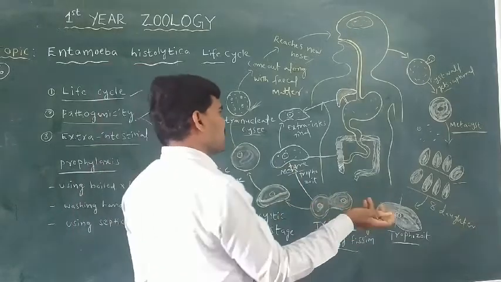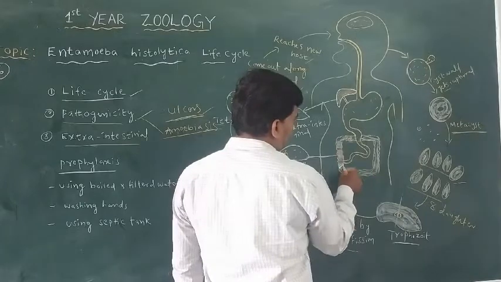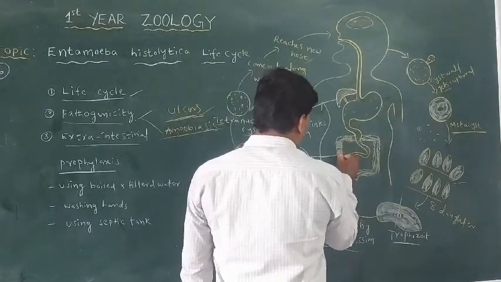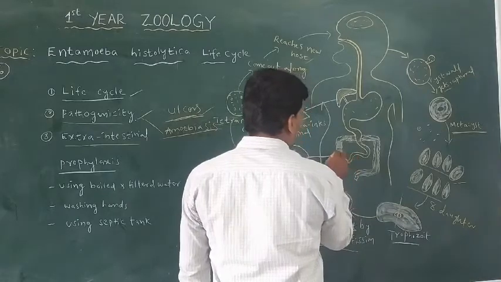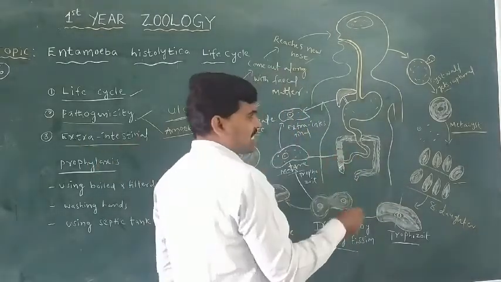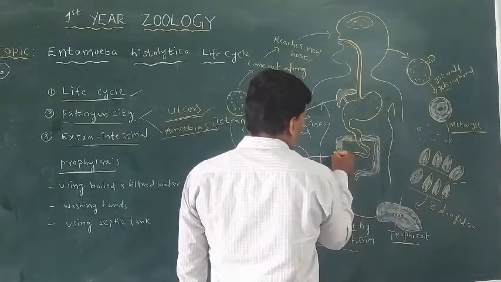Extra means outside the intestine. Normally Entamoeba histolytica lives inside the intestine, but sometimes it comes out of the intestines. This is called extra-intestinal. Extra means outside, here outside the intestines.